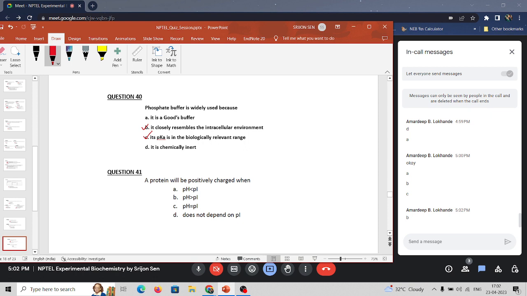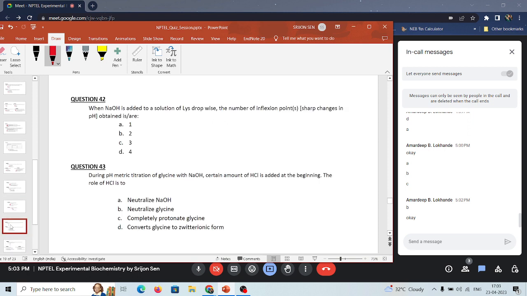The pH of the buffer is more, so it will try to pull your protein towards a higher pH range, and a higher pH range means what happens? It is going to be negatively charged. So only when the pH is less than your pI is a protein going to be positively charged. So remember this: pH less than pI means positively charged, pH greater than pI means negatively charged. So 41A is correct.